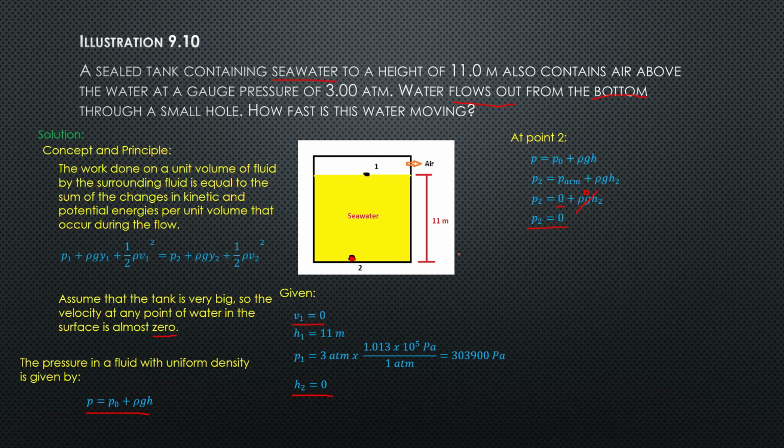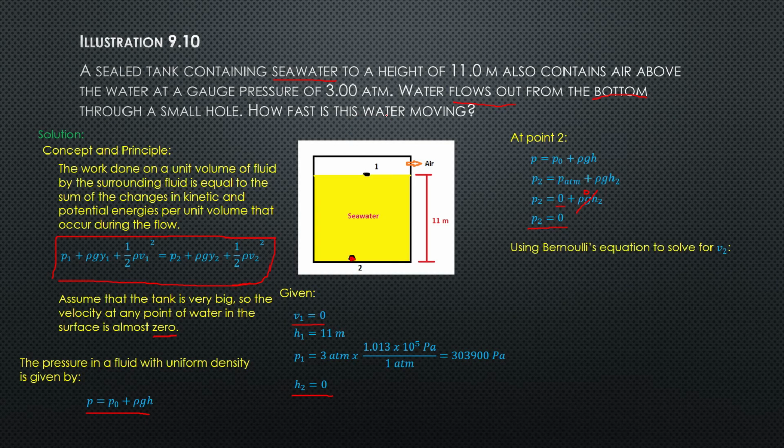Now using Bernoulli's equation, this equation, to solve for velocity at point 2.